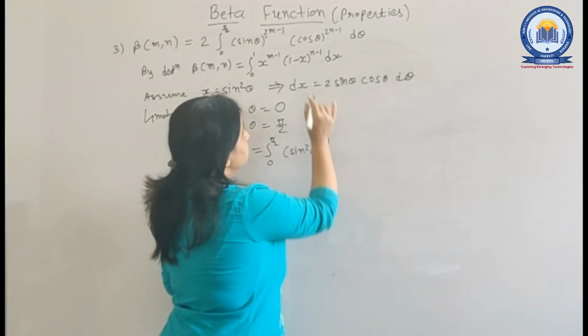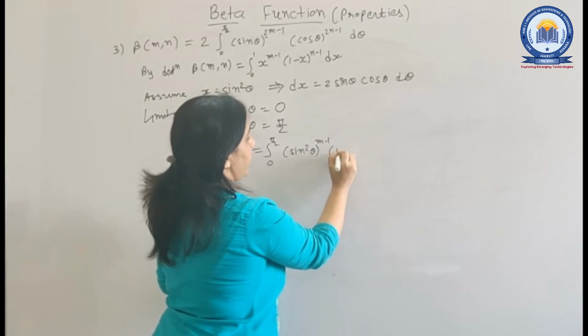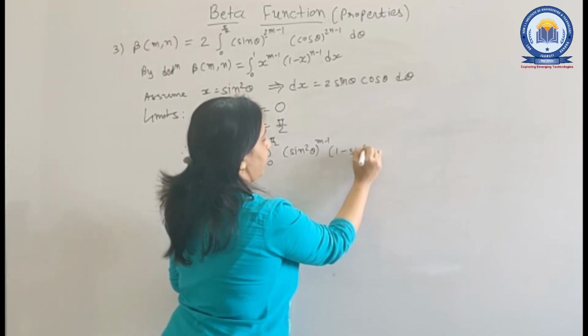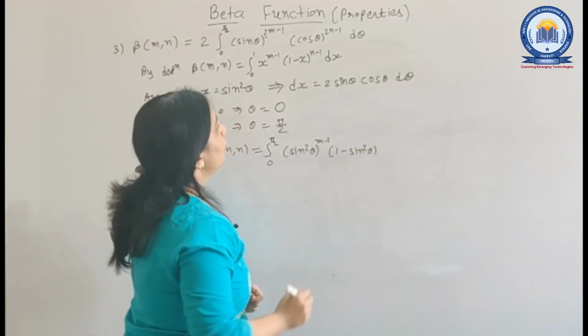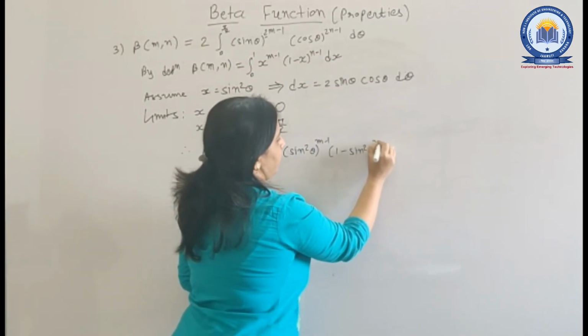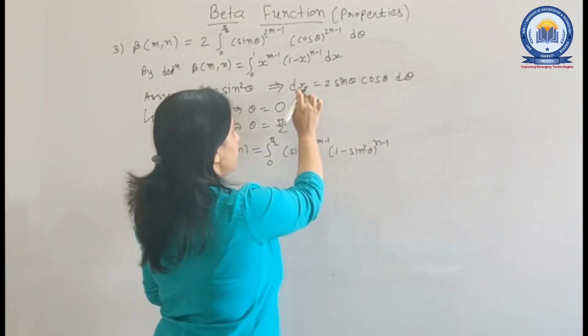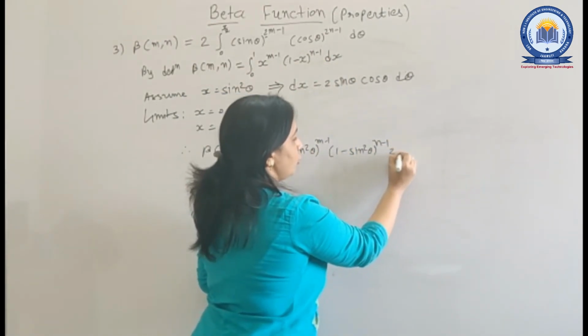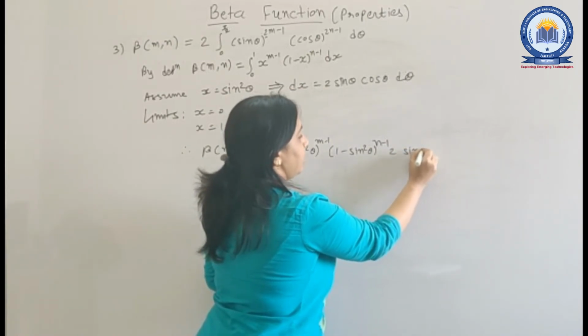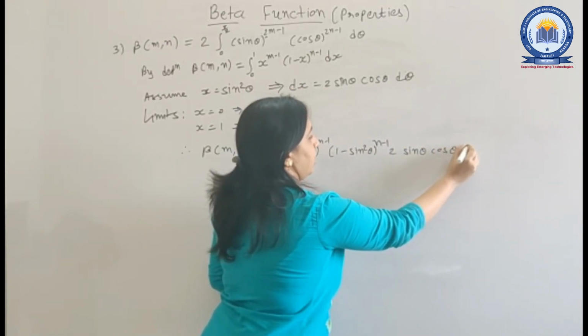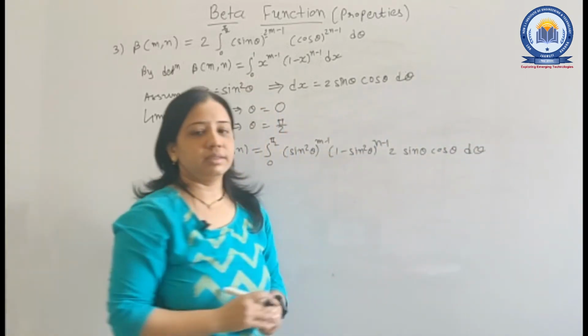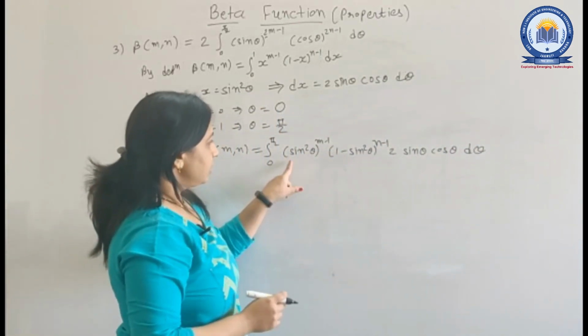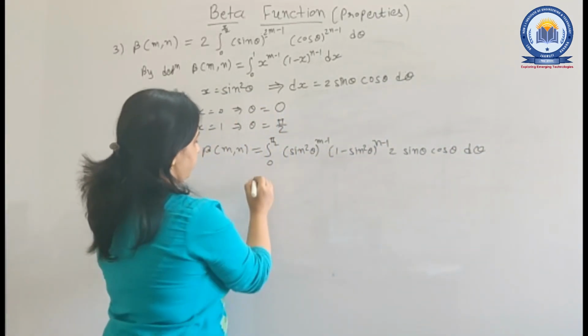Then 1 minus x, so 1 minus sine square theta raised to n minus 1. And instead of dx you can write 2 sine theta cos theta d theta. Right? Now we'll solve this equation.